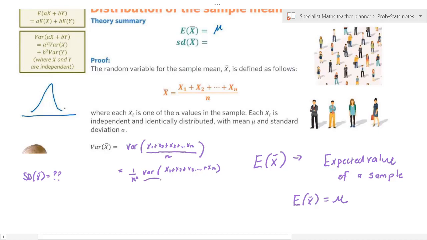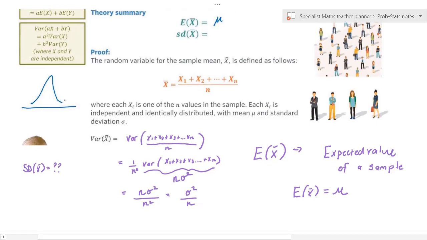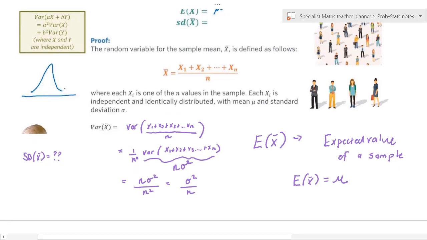As it turns out, this is equal to n sigma squared, so n sigma squared over n squared, which is equal to sigma squared over n. So I think you might be seeing where this is coming from.